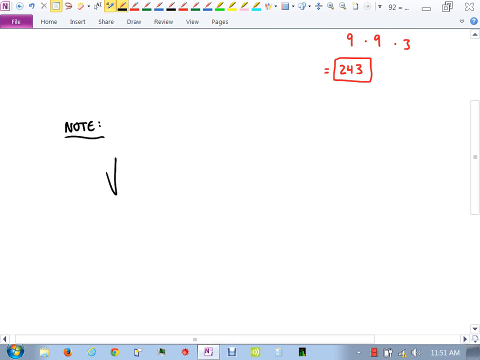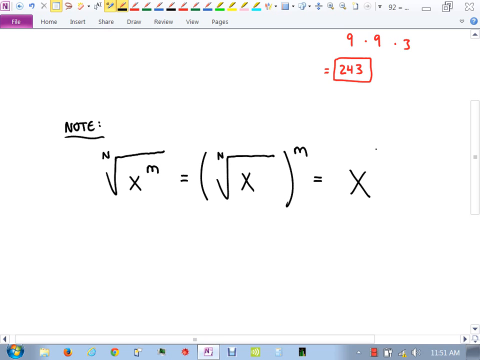We said earlier that if you have the nth root of x to the m, I could rewrite that as x to the m over n, right? That's what we did. But I want you to write this next. Instead of that, write this, and then put your x to the m over n.